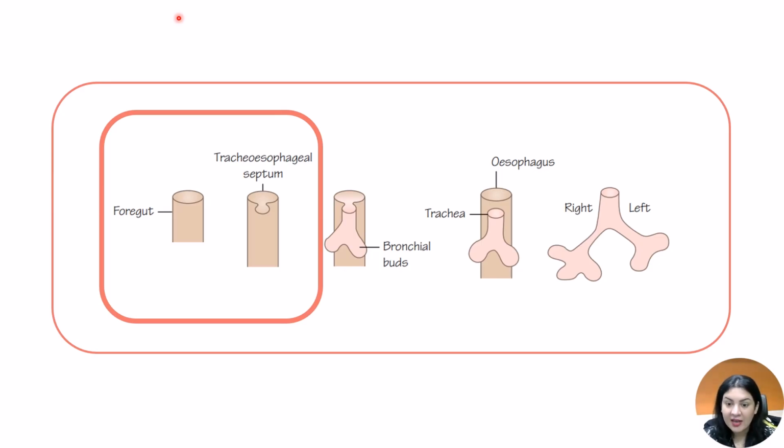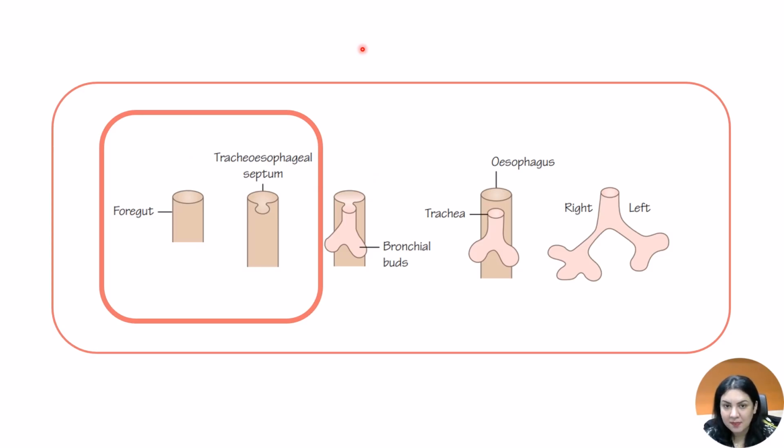But again, going back to the start, you have that continuity between the foregut, which the respiratory diverticulum or the lung bud juts out from, or out pockets from. And so you need that separation to be established, right? So the separation is established by the formation of what is known as a tracheoesophageal septum.